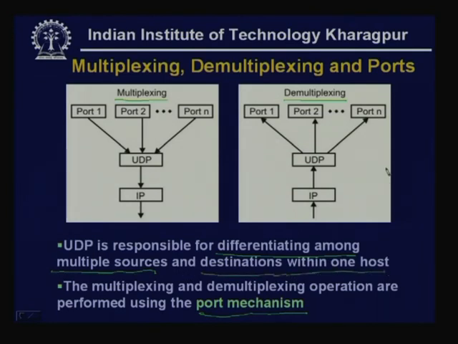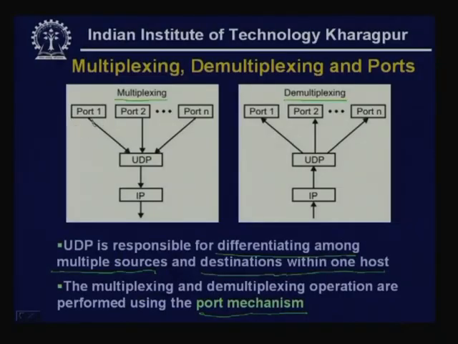You have a single host with multiple applications running, and each application is associated with a port number. Each application transfers messages through different ports and gives them to UDP, and the UDP segment is then passed on to IP. So here what we are doing is known as multiplexing.